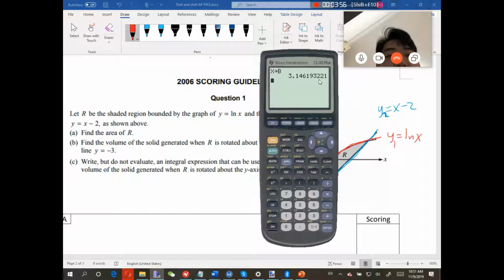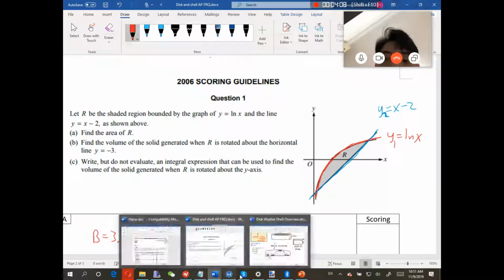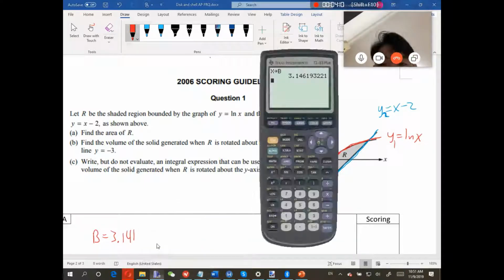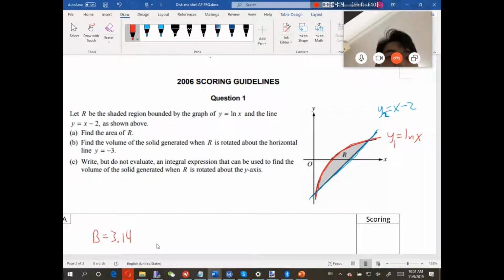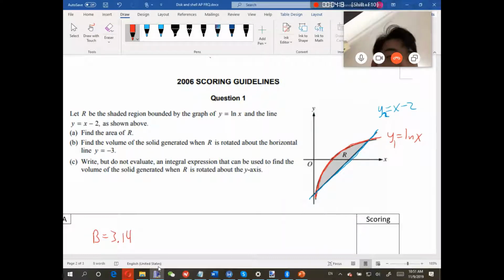Okay, I'm going to go ahead and mark that here on my paper too. B equals 3.146193221.